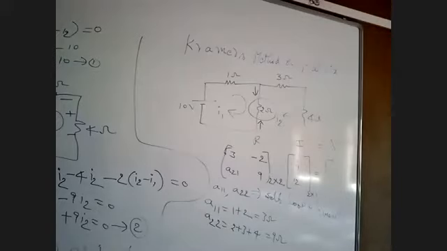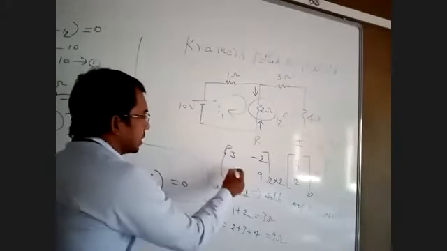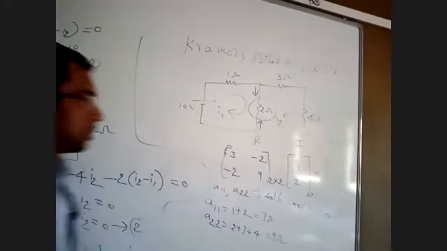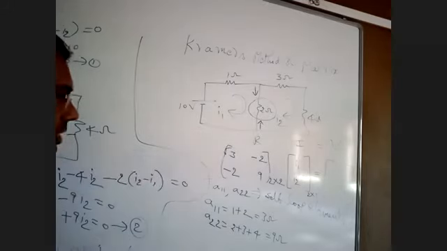Similarly, the second loop and first loop common element is also 2. Here also, I1 and I2 are in opposite directions, that's why we take minus. This is the resistance matrix.